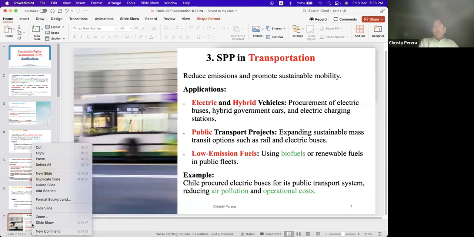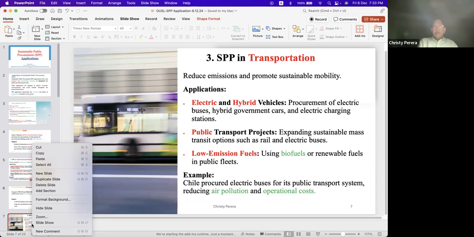Reduce emissions and promote sustainable mobility. Reduce carbon dioxide emissions, not only carbon dioxide, lead. Now, of course, not much lead emission, and promote sustainable mobility because of fewer emissions.